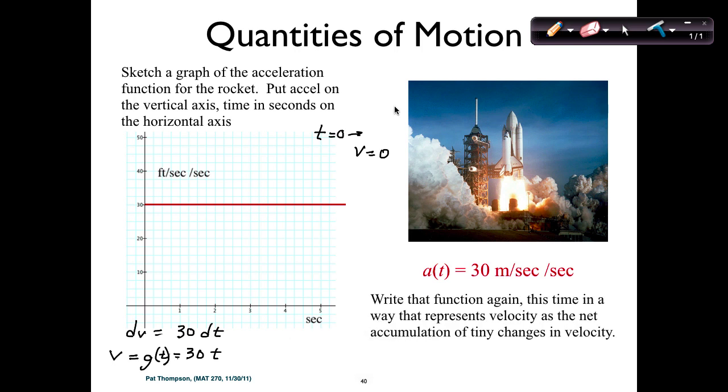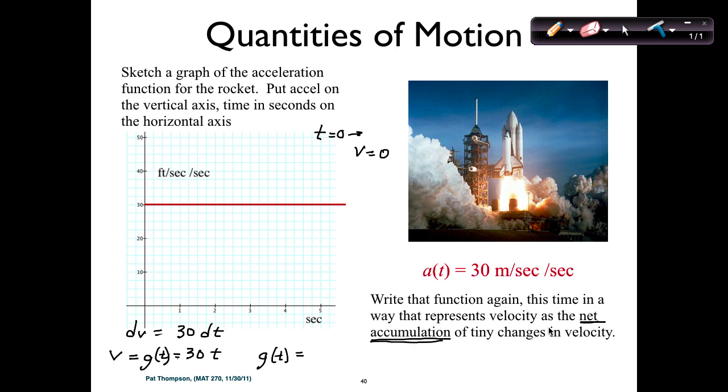So now you have a little task here. I want you to write this function an alternate way. So g of t could also be expressed another way, the velocity, in a way that represents velocity as the net accumulation of tiny changes in velocity. Okay, so here are 2 hints.